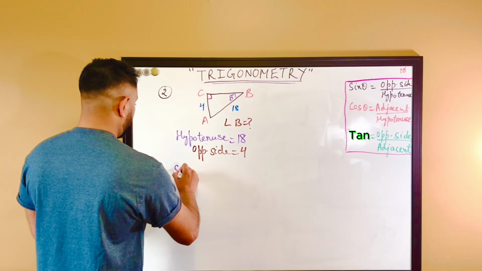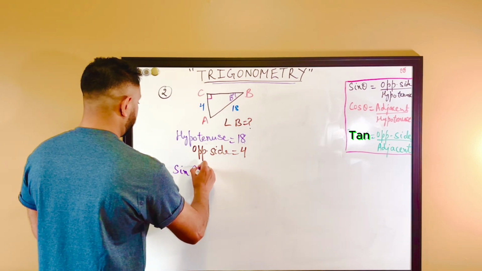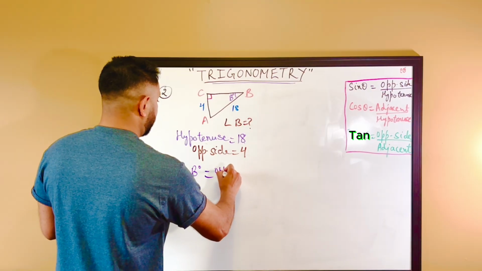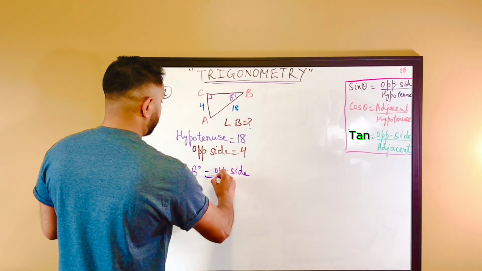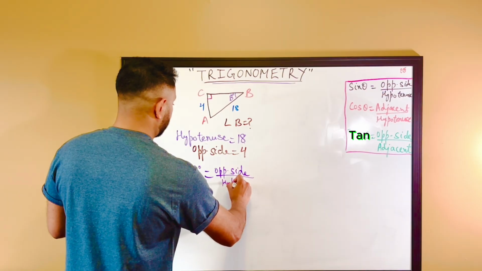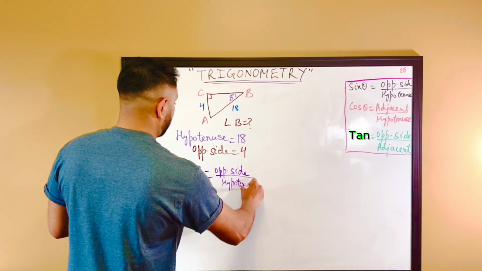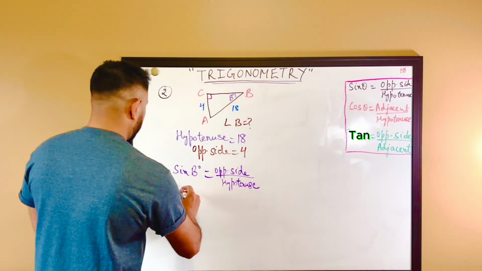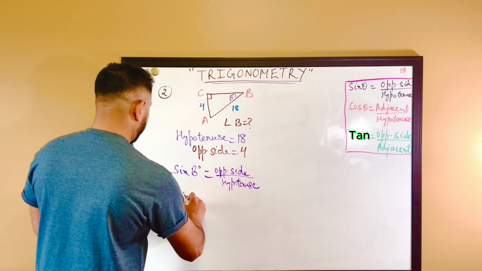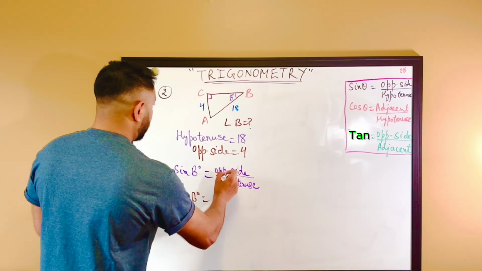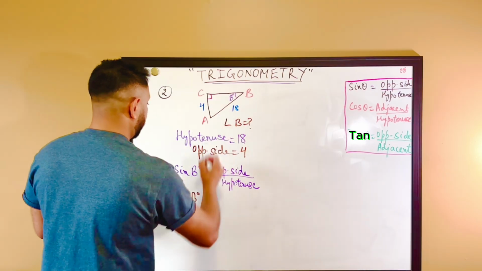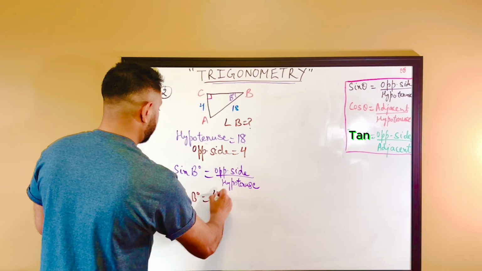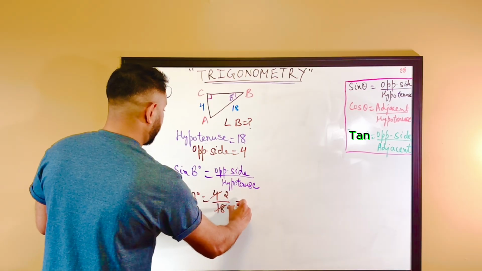That means sine of B degree is opposite side divided by hypotenuse. So sine of B degree is, opposite side is 4 and the hypotenuse is 18. So 2 by 9.